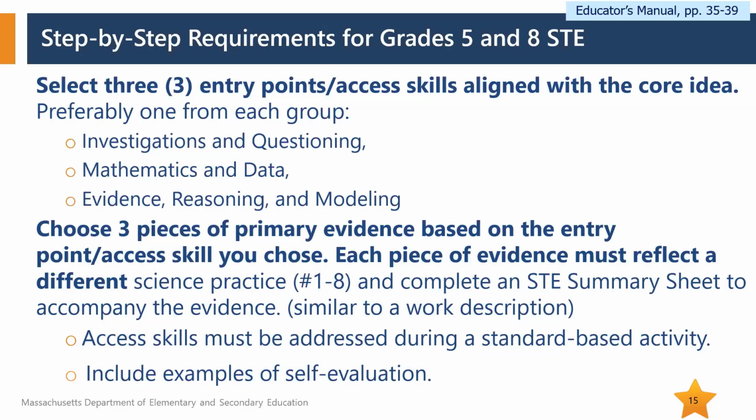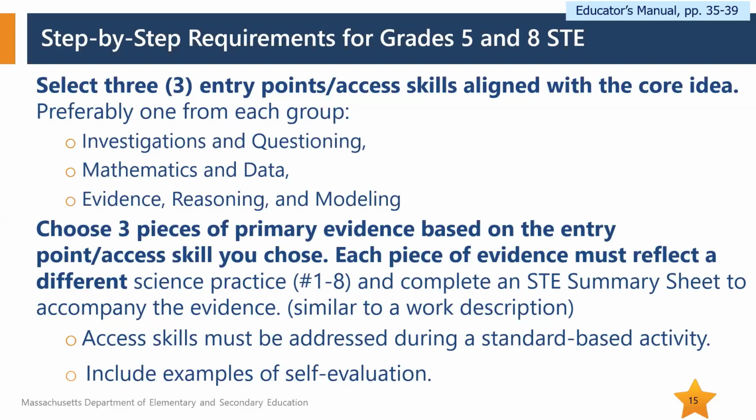The next thing you're going to write is 3 pieces of primary evidence. You're writing this down. 1 core idea for each of those disciplines, 3 entry points, 3 pieces of primary evidence. And you can just use abbreviations like PE or just work.